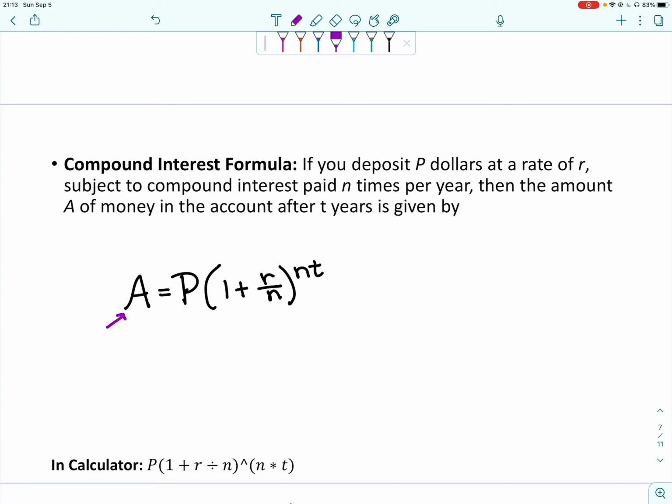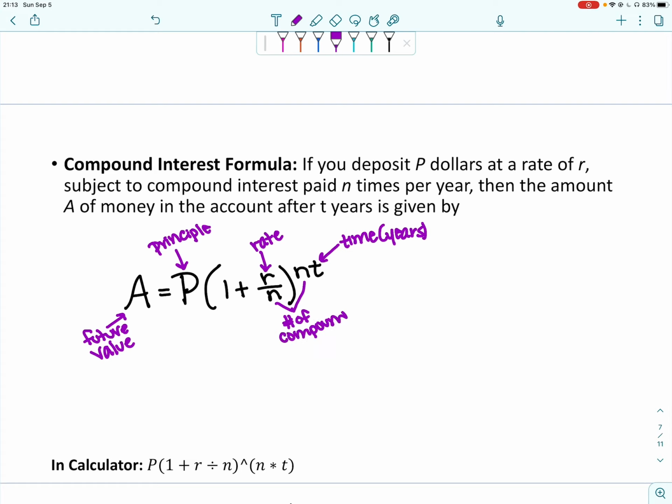So A is still future value. P is still principal. R is still our interest rate. T is still the time in years. And now this new one that shows up twice in the formula, N, is the number of compoundings, so the number of times they calculate interest per year.